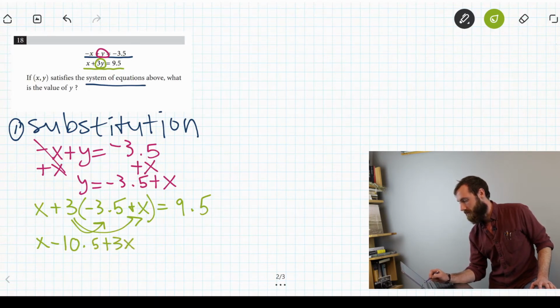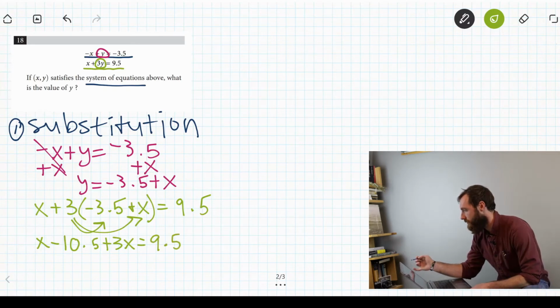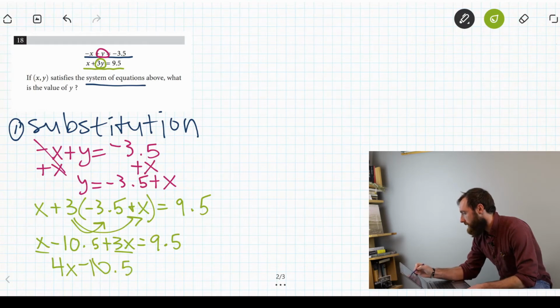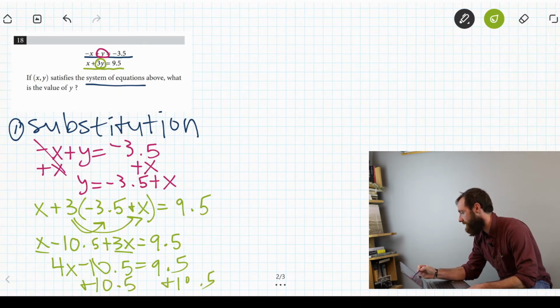Plus, and then we distribute the 3 to the other x, 3x, and we'll say x minus 10.5 plus 3x equals 9.5. And then we're going to combine like terms. That's 4x. We're going to add 10.5 to both sides, and then x will be completely on its own. And all we'd have to do, you might be ahead of me on this one, is divide by 4.